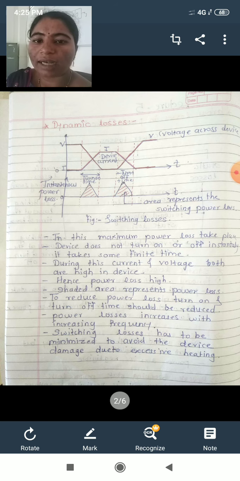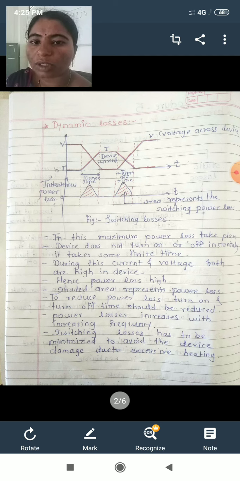The same will happen at the time of SCR turn off. When the SCR turns off, your voltage starts increasing up to its maximum value and current goes on decreasing up to its minimum value, ideally current goes down to 0 and voltage goes up to its maximum value.